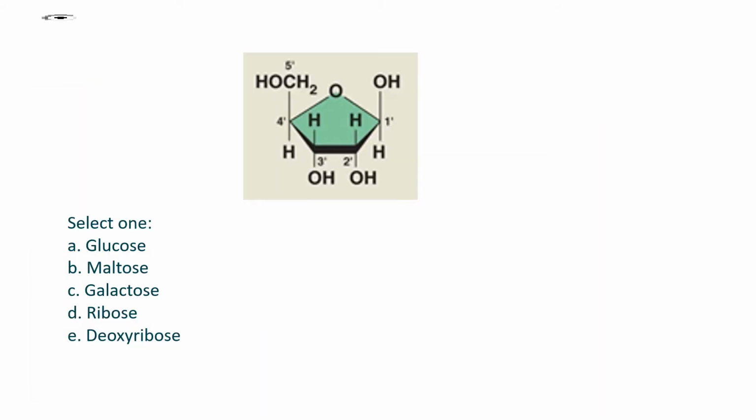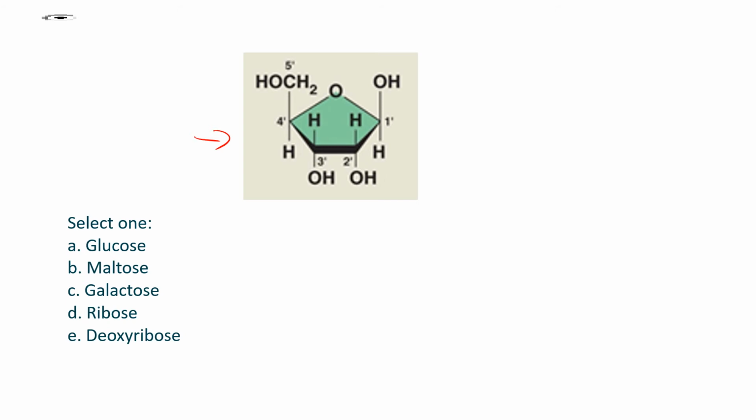Okay, as I showed you in the video and in the class, I generally don't ask about chemical structures. But I told you that I was possibly going to ask one of these. In biochemistry, you will have to memorize many of these chemical structures. In this case, I just want you to remember that, of course, this is a pentose.